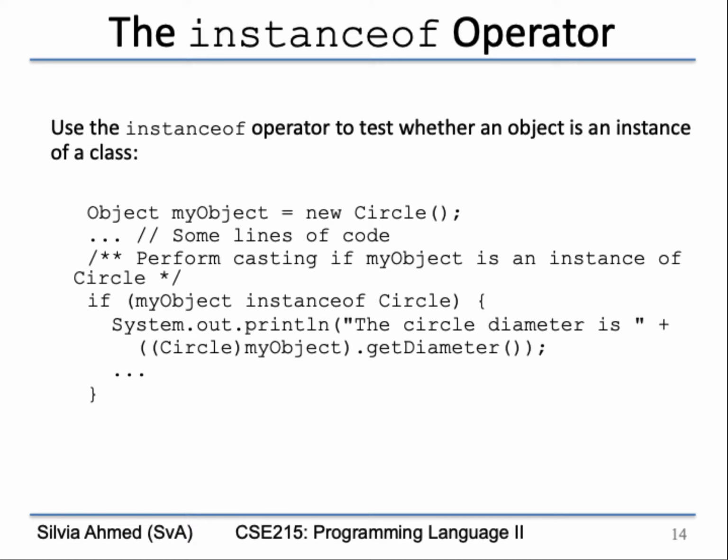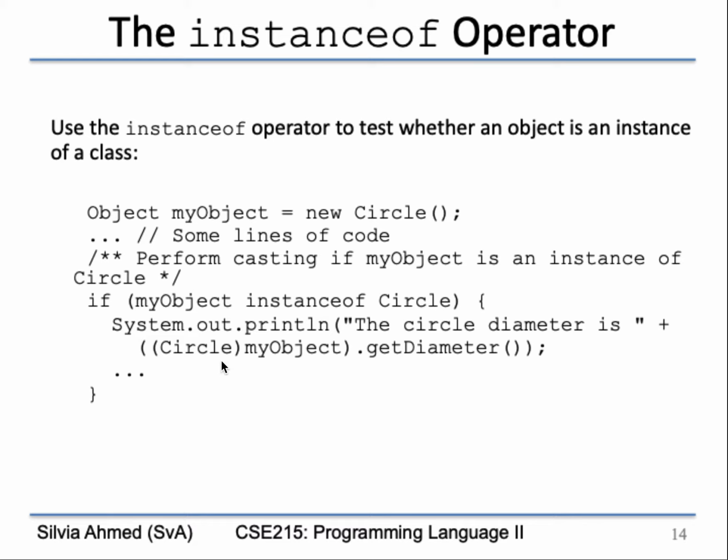So we need to cast myObject into its actual type Circle first, and then from this cast object we can call the getDiameter method.